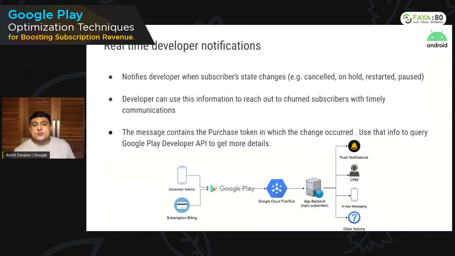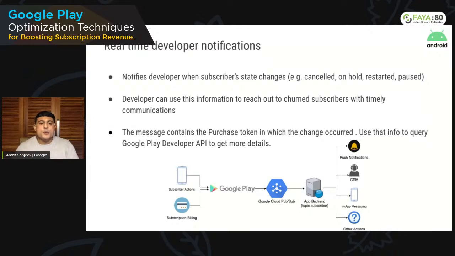The state could be on hold, restarted, paused, renewed, cancelled, expired; all these are different states that the user might go through with a particular subscription. Real-time developer notification will tell the developer the changes of state. It is not where you go and probe for a state. It's basically telling you that, hey, this user is going to expire, or this user has cancelled the subscription, which means that you can actually understand.